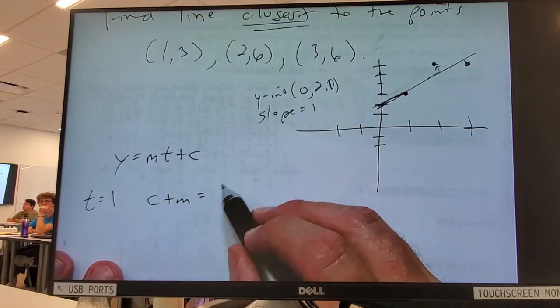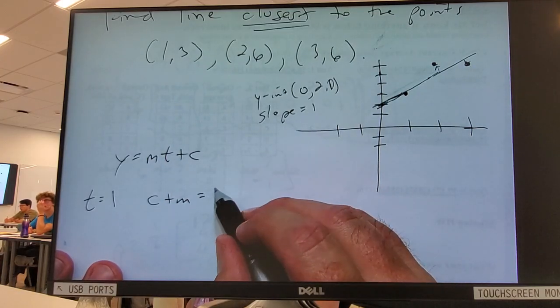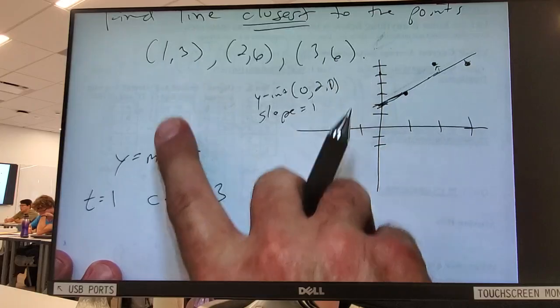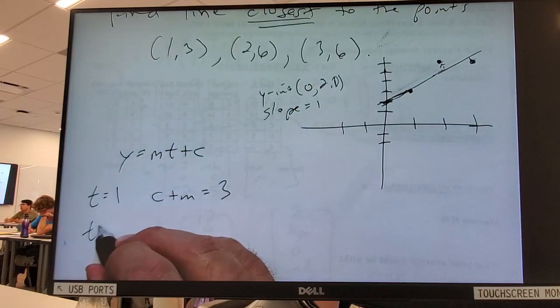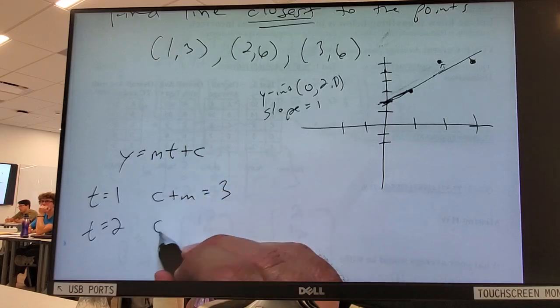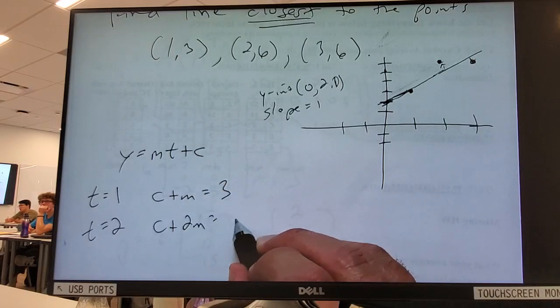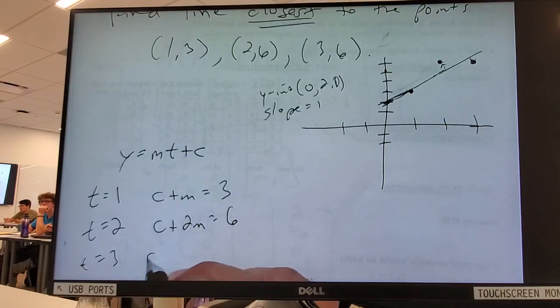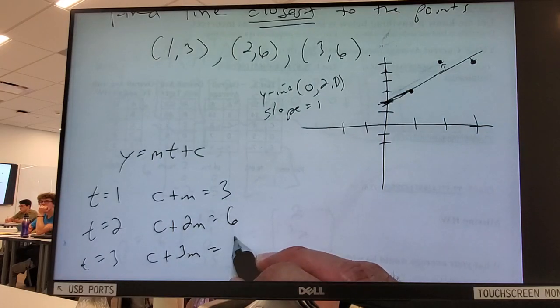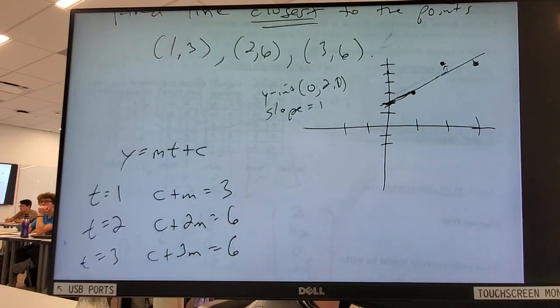What do I want that to be? 3. For an input of 1, I want the output to be 3. For an input of 2, that would be C plus 2M, and I want the output to be 6. And for an input of 3, C plus 3M, I want the output to be 6.